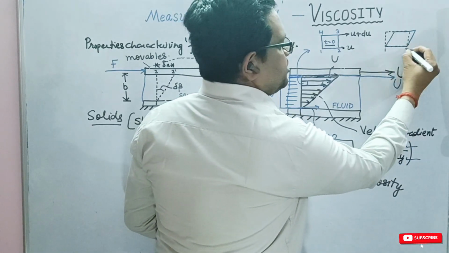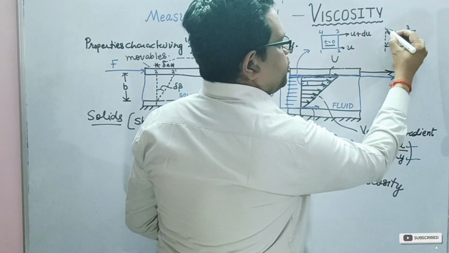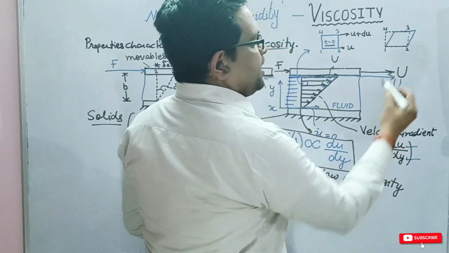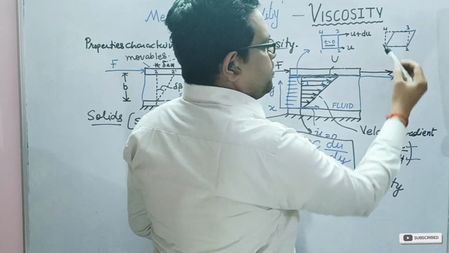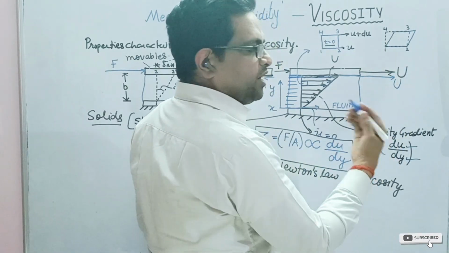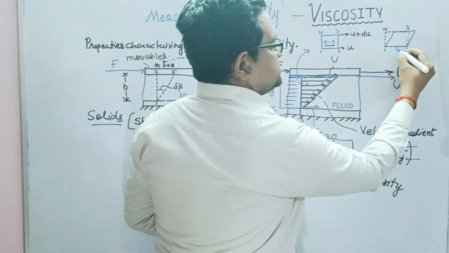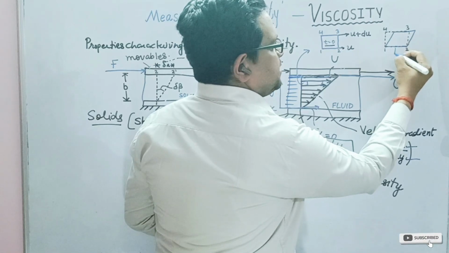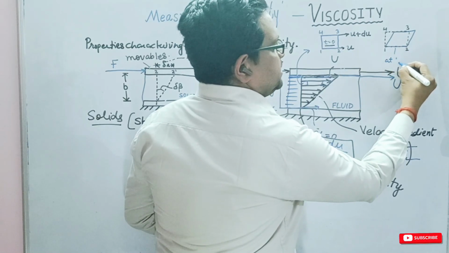So here we have 1, 2, 3, 4, which is our initial fluid element, and the rhombus, which is in blue, represents the fluid element which has undergone deformation, let us say at time t.